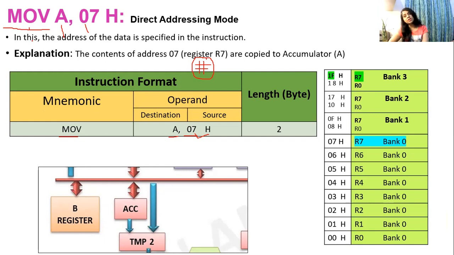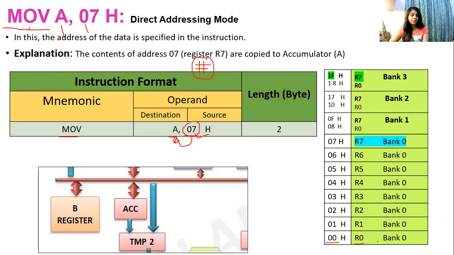So what does this instruction say? This instruction says move the contents of memory location whose address is 07 into register A. Now here you see again register banks. Now you know that every register in the register bank has a unique 8-bit address.